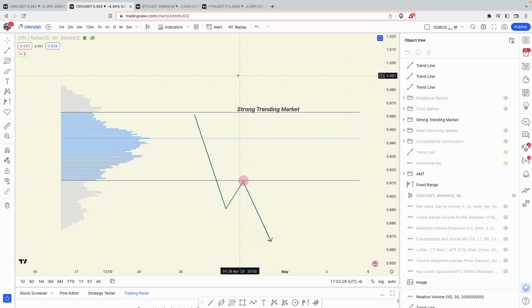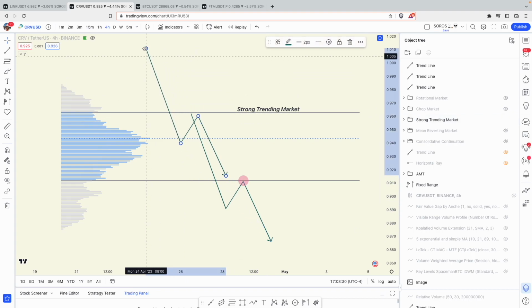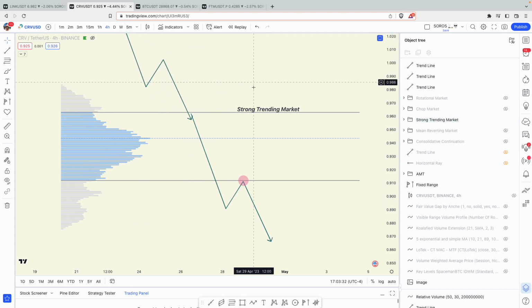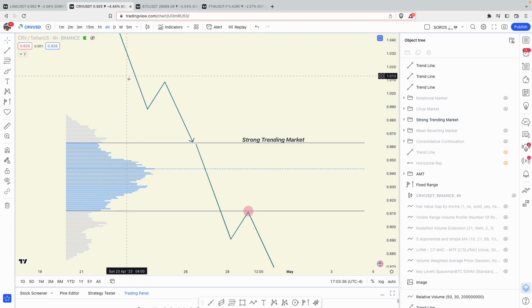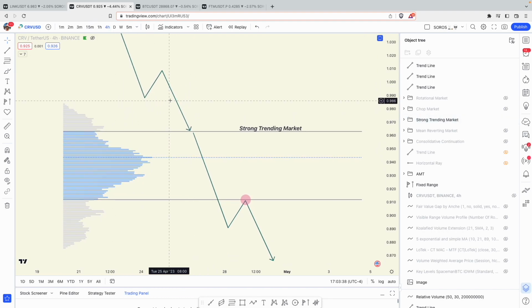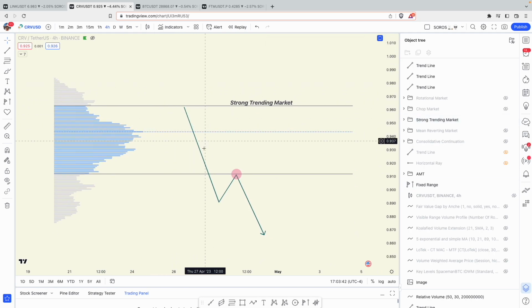Then you have a strong trending market, where basically maybe you are already coming in from above here. So within context, you were already in a drawdown. Then you entered, or you created, a new value area range where people started participating within a range here.